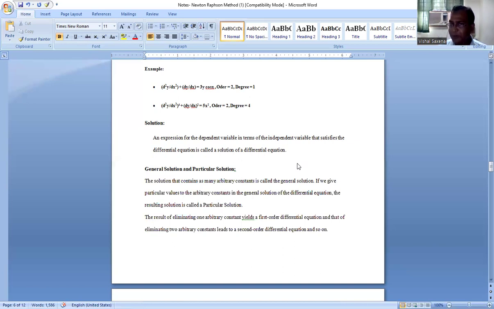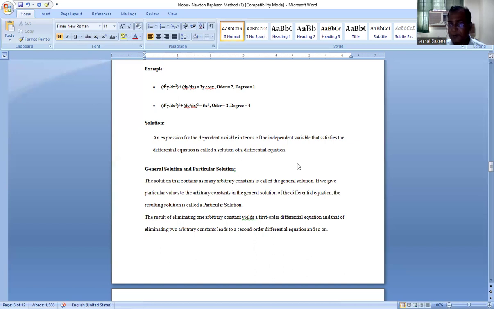And solution means the differential equation gives a kind of relationship between the variables and the constants. So in the case of the differential equation, what is the meaning of the solution? An expression for the dependent variable in terms of the independent variable that satisfies the differential equation is called the solution of the differential equation.